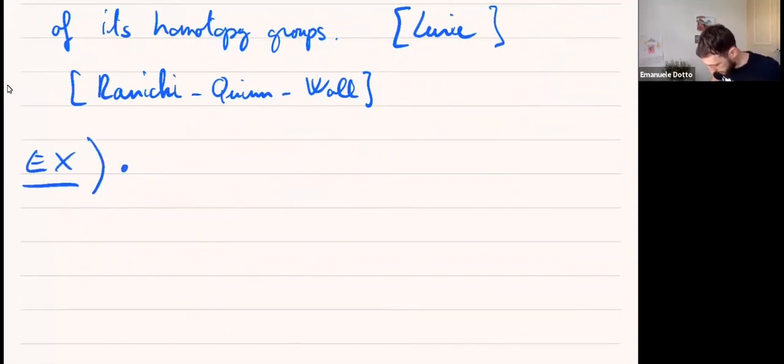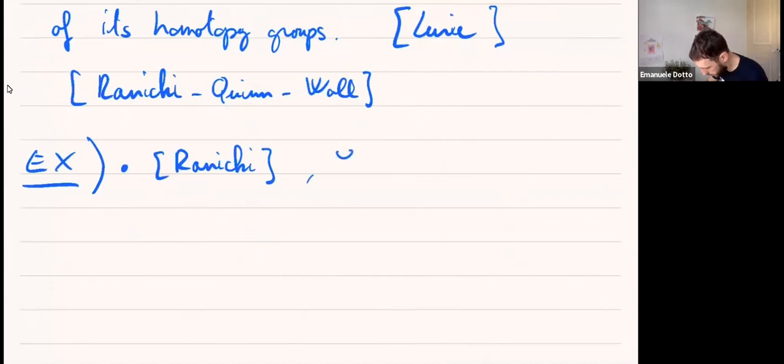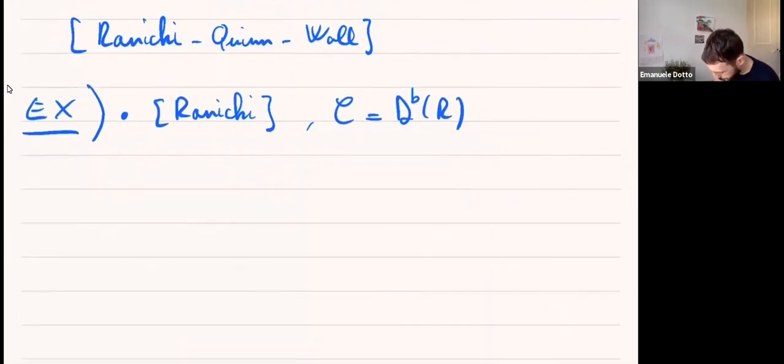So the first examples are due to Ranicki, and here goes. You take the category of chain complexes over R, this bounded derived category, and you can define a Poincare structure denoted like this.